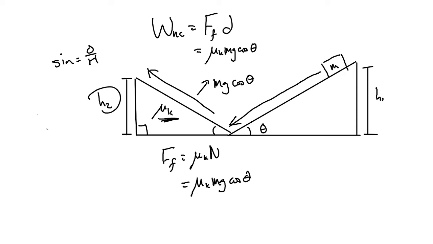So h2 divided by sine theta gives us our hypotenuse, since the opposite cancels. That's how we get mu k mg cosine theta times h2 over sine theta.